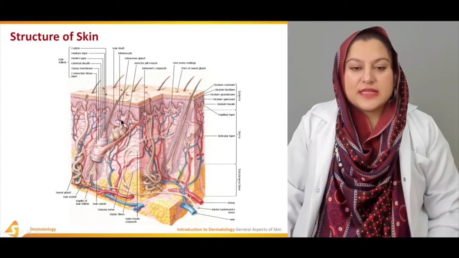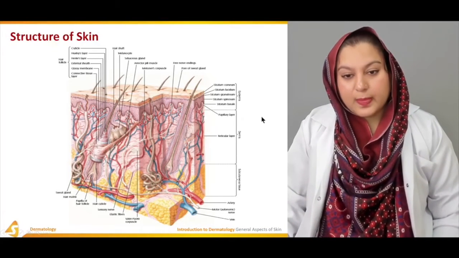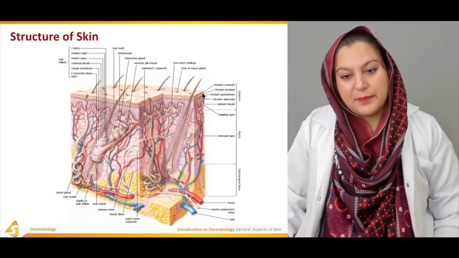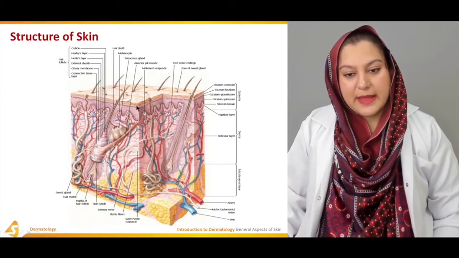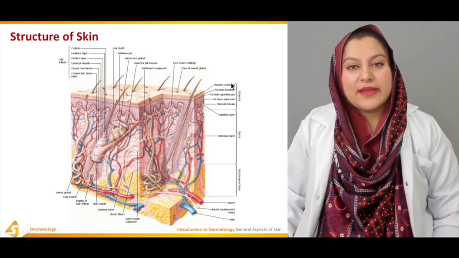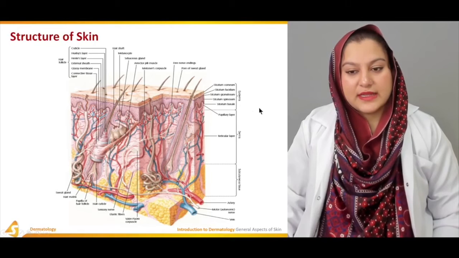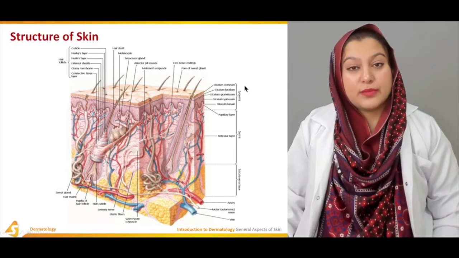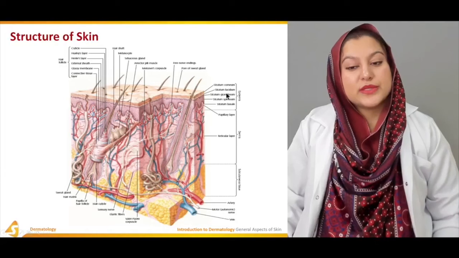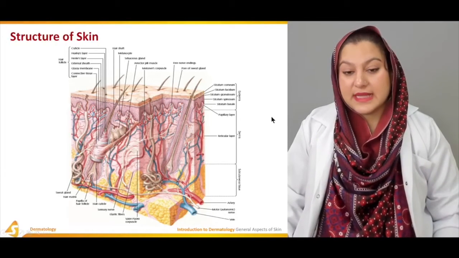This is a detailed picture of the structure of the skin. Now here you can see the epidermal layer, the topmost. It has five substructures: the stratum corneum being the top one, stratum lucidum, stratum granulosum, stratum spinosum, and stratum basale.